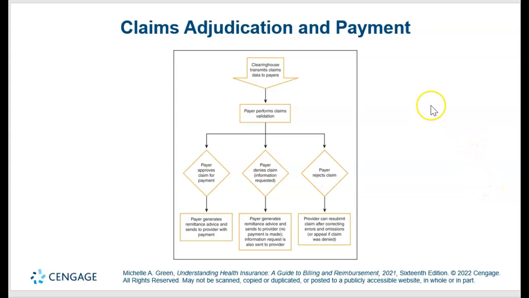Claims adjudication and payment. Here you have your clearinghouse. The payer performs claims validation, like I always call it, scrubbing. Then the payer approves a claim for payment, or the payer denies it and it comes back. If the payer rejects it, that means they can resubmit.